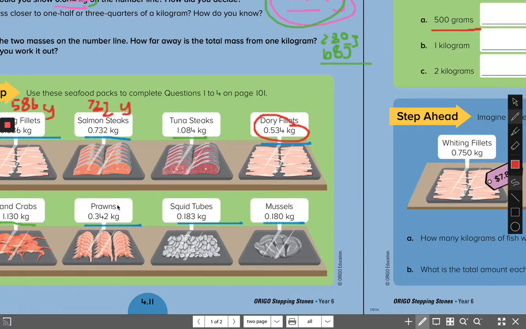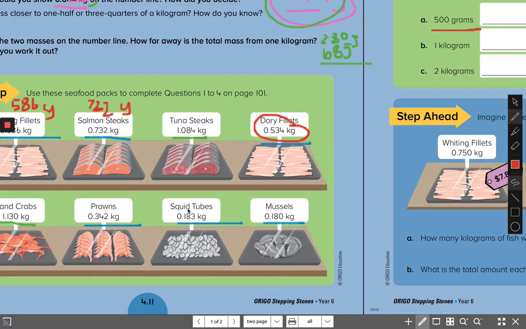So if I were to add prawns and squid tubes, it will be something over 500. But I do know that if I add prawns and mussels, it's going to be also something over 500, but a little bit less. So these 2 added together will be closer to 500 rather than these 2 values.